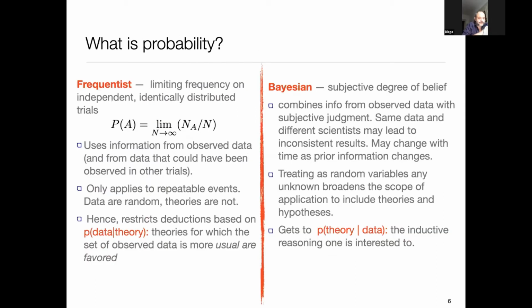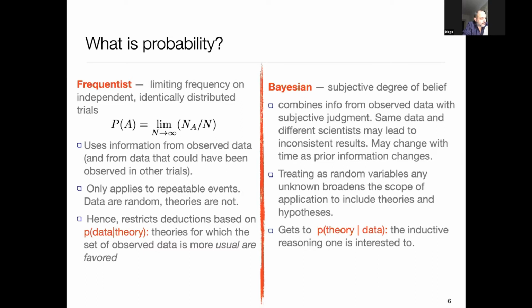So let's see in a little more detail what are the consequences of this divide in the definition of probability. In the frequentist case, the probability is the limiting frequency on independent, identically distributed trials, as you see in this formula here. Sorry for the change of notation: what was before small n is now N_A. And there are various properties that it's important to consolidate in our understanding.